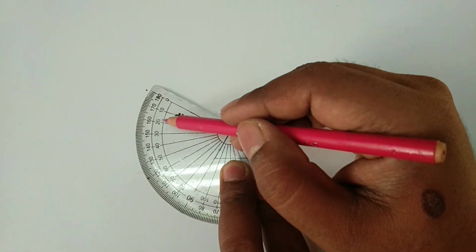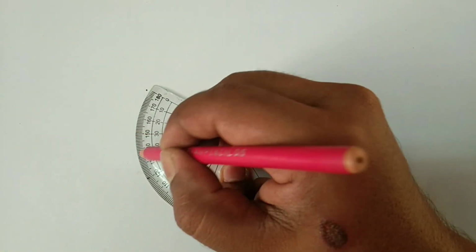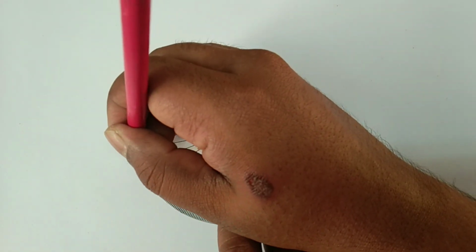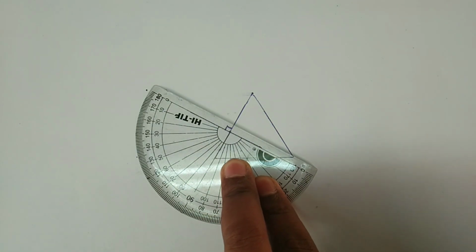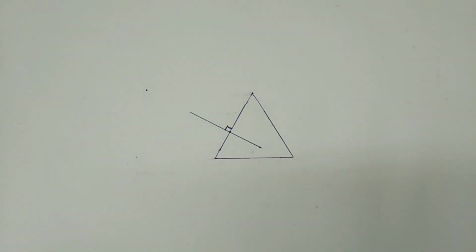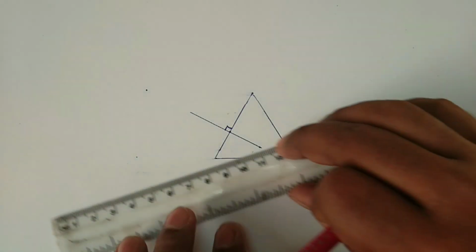See, 0, 10, 20, 30, 40, I'll take 45. You can take 30, 60 or 45 degrees. Here I am doing 45 degrees, as you are insisting.